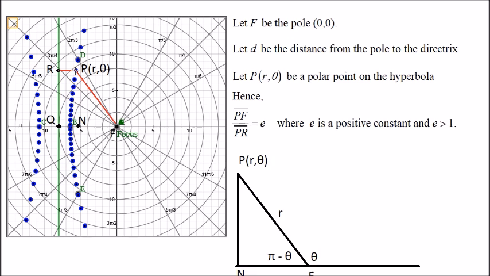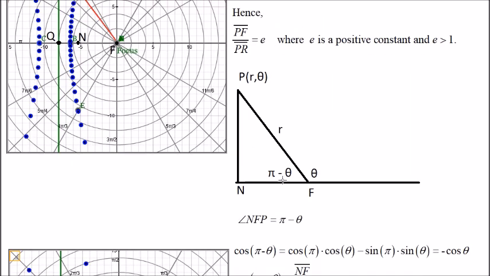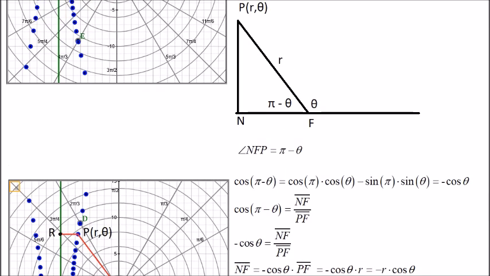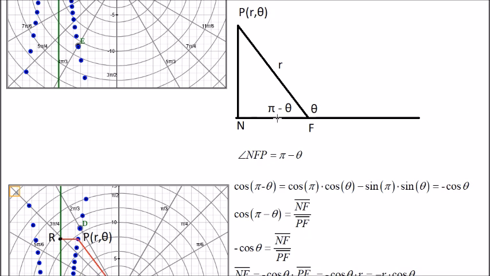Now look at the right triangle PNF. This angle is theta, therefore this angle must be pi minus theta, or 180 degrees minus theta. The cosine of this angle, pi minus theta, will be the length of the segment NF divided by the length of the segment PF.